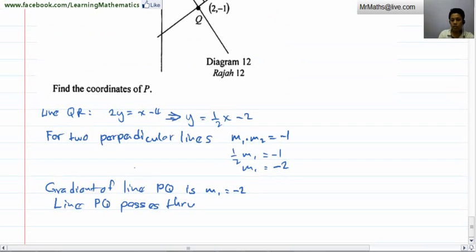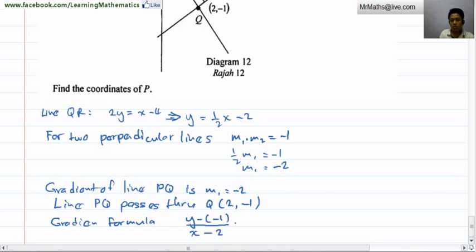Point Q, right? It passes through point Q, which is 2, -1. Then using the gradient formula, y minus -1 divided by x minus 2, where 2 and -1 is the coordinate of Q, is equal to -2.